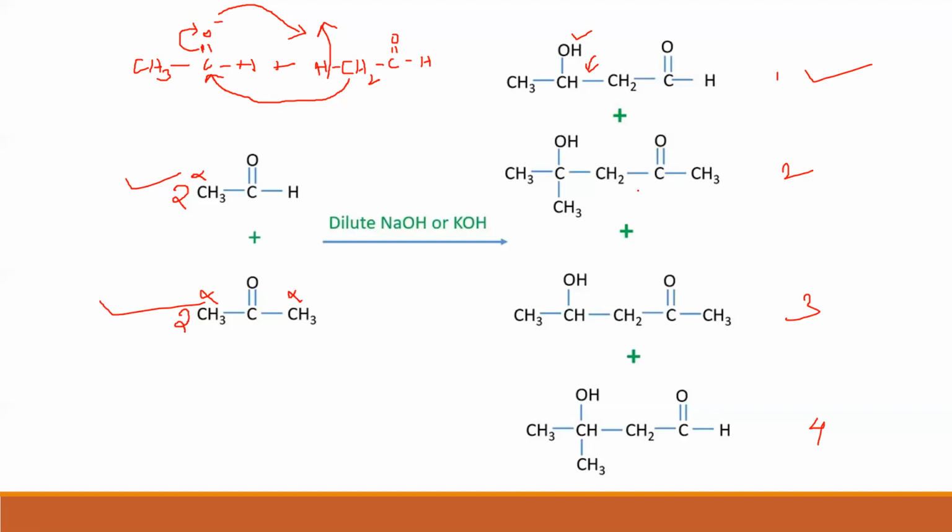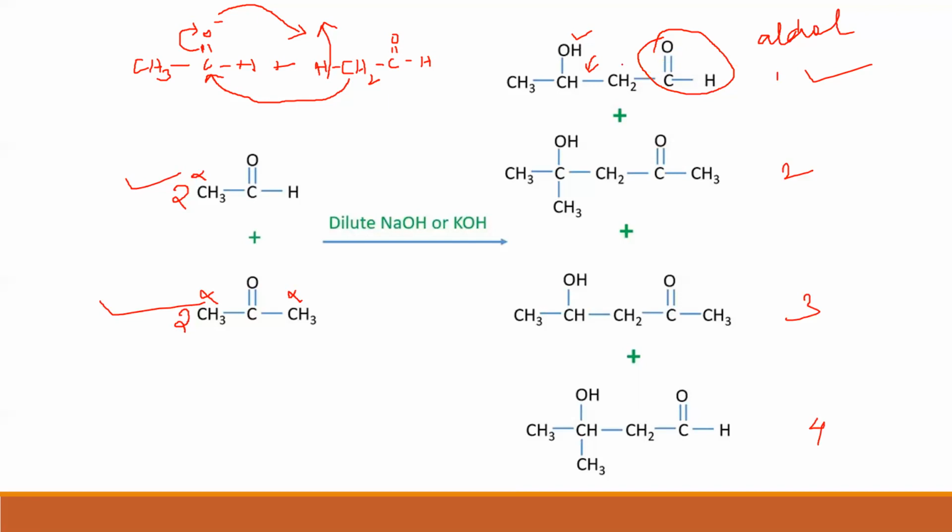Now, who would have given this product? When you observe closely, this is an aldehyde group, which is an aldol. An aldol will be obtained when one of the starting compounds is an aldehyde. If the starting compound is an aldehyde, then you will definitely get an aldol.